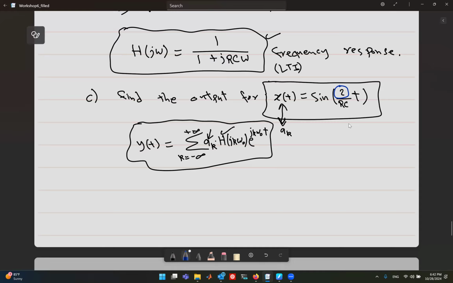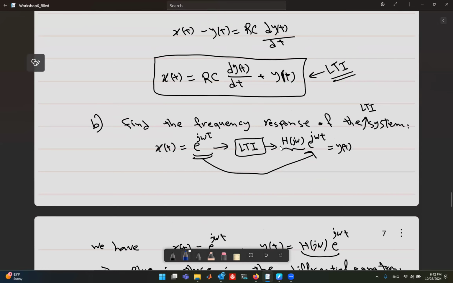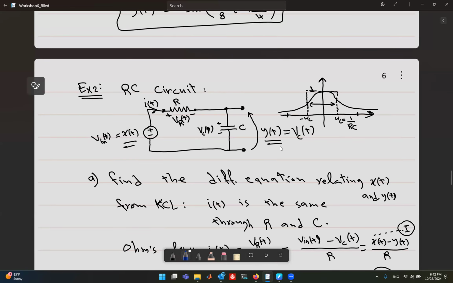That's actually the job of this circuit, to filter frequencies higher than this cutoff frequency, which can move to the right and left, and that's why we call it a low pass filter.